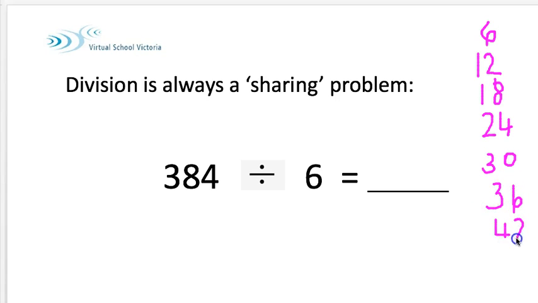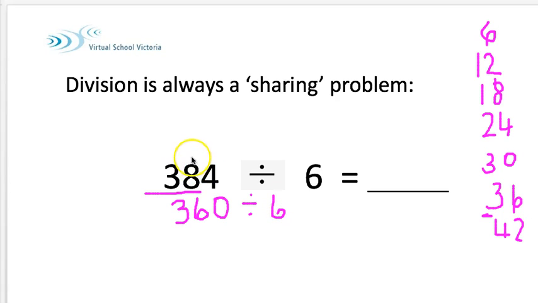Now, I'm not going to do any more because to divide it, I've looked at this number here, which is somewhere between here. So what I'm going to do is I'm going to break this number into 2 parts. And my parts will be the multiplication tables. So I'm going to do 360 divided by 6.